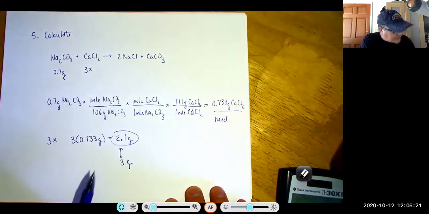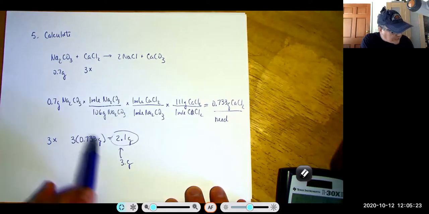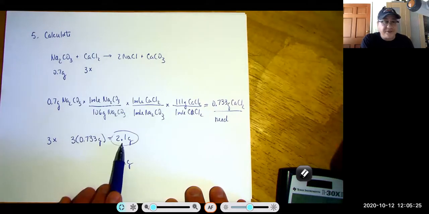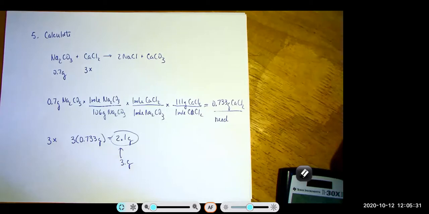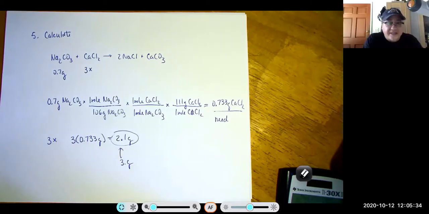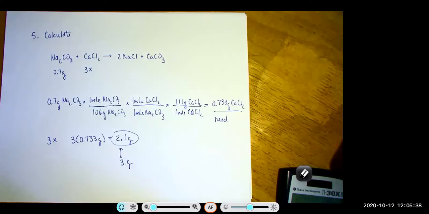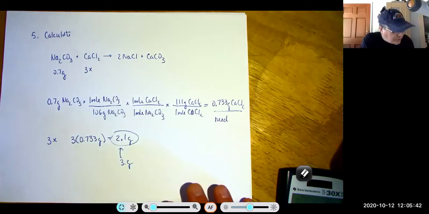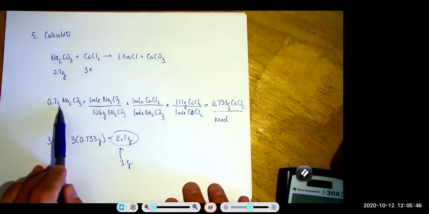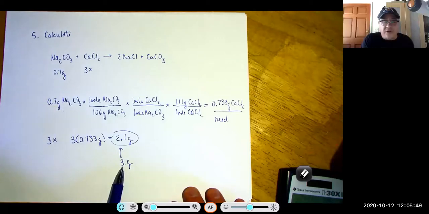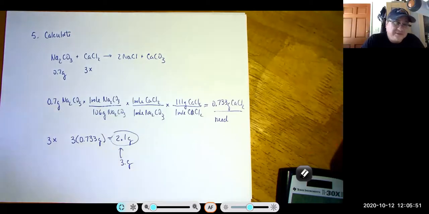If you use that much, will you be able to do this reaction with sodium carbonate and potassium carbonate and have the excess? You're using 2.1 grams for one reaction. Right. That means you'll only have 0.9 grams left over for the next reaction.